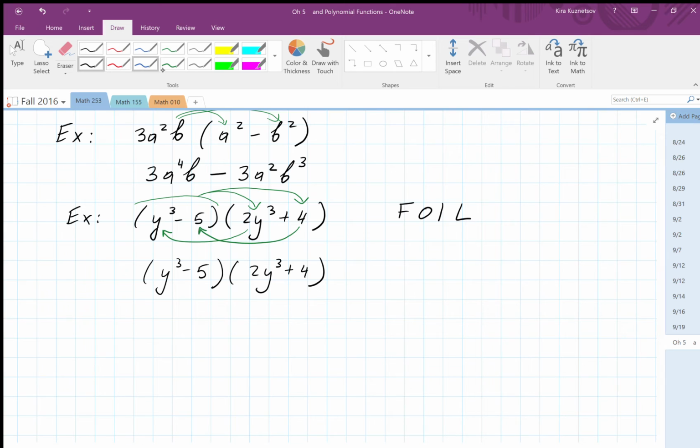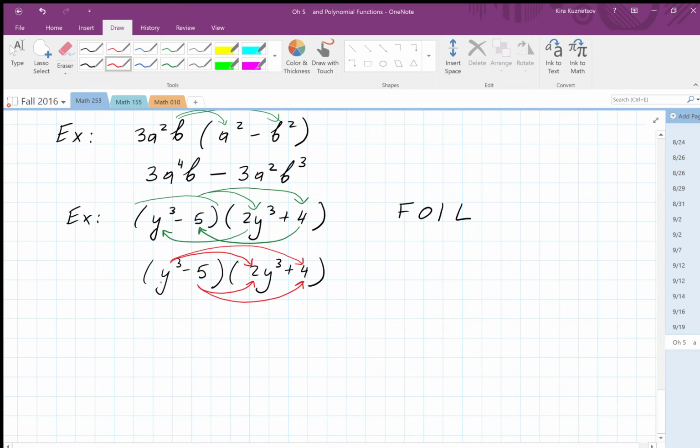You take the first terms, I'll use red. Then you take the outer terms. Then you take your inner terms, and then you take your last terms. This is how you know you're not losing anybody.